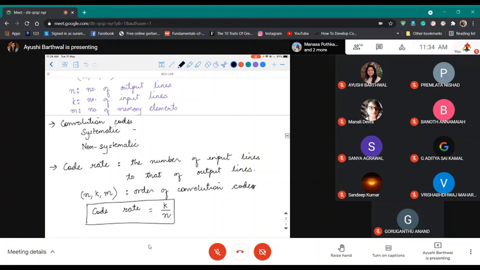We have discussed that k denotes the number of input lines, whereas n denotes the number of output lines.